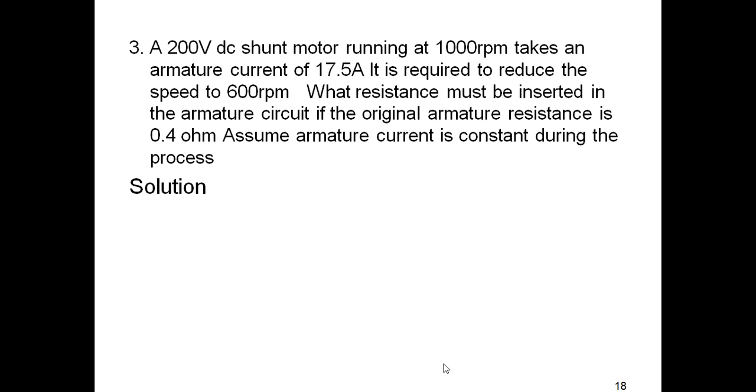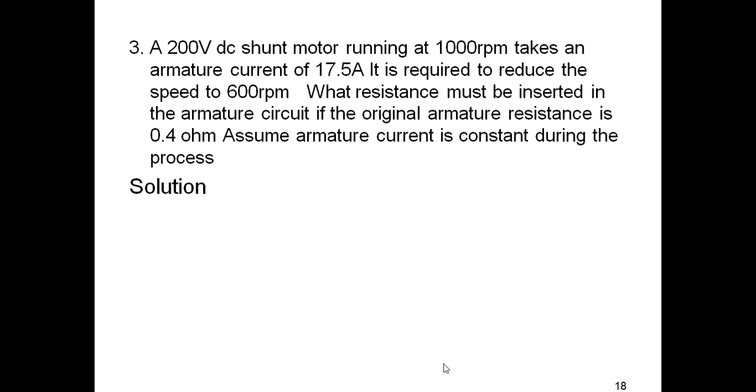Now let us see the next problem. A 200 volt DC shunt motor running at 1000 rpm takes an armature current of 17.5 amps.